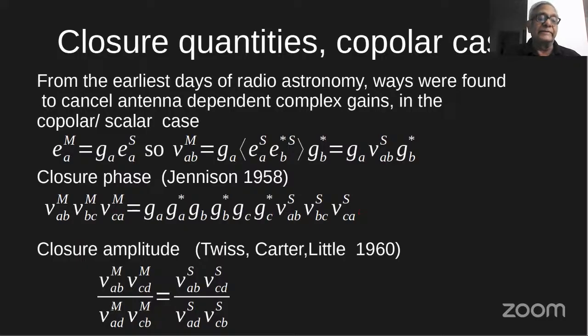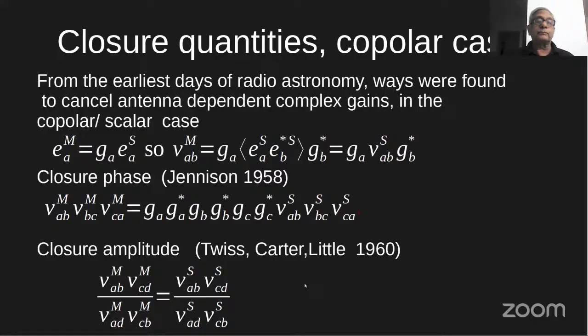So the GA cancels. And likewise for B, C, and D. So this combination of 4 measured visibilities has exactly the same value as the same combination of true visibilities, with amplitude and phase. So this is called a closure amplitude.